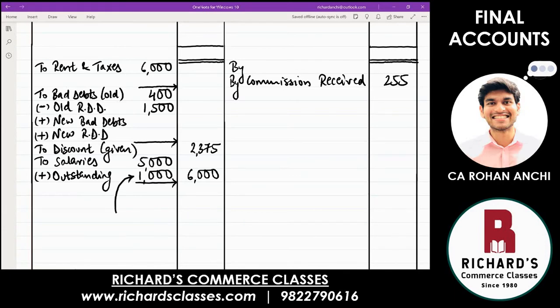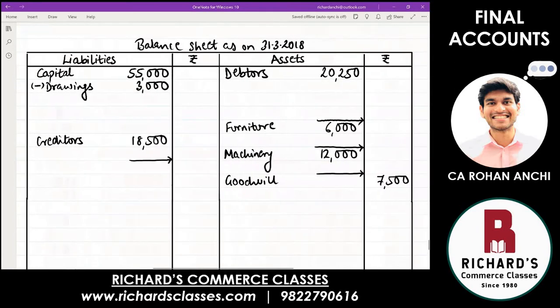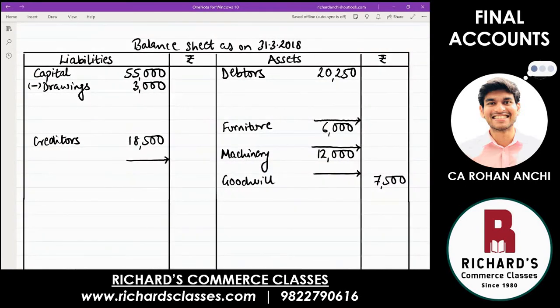Can you tell me where else will I write this 1,000? Liability. Very, very good. You will write on the liability side, because anything that you have to pay in the future is on the liability. You write down the item is outstanding salary. And 1,000 is something that has to be paid in the future.